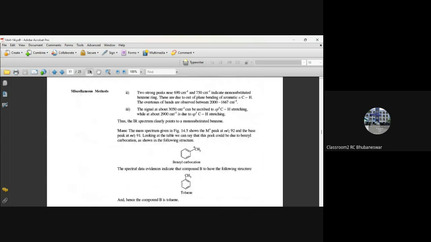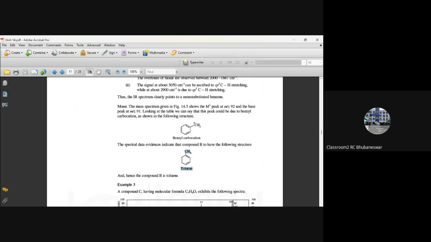Let us see what kind of thing is there. This is toluene. The hydrogens of the methyl group will show a different NMR signal, and the hydrogens of the benzene ring will show in another NMR signal.